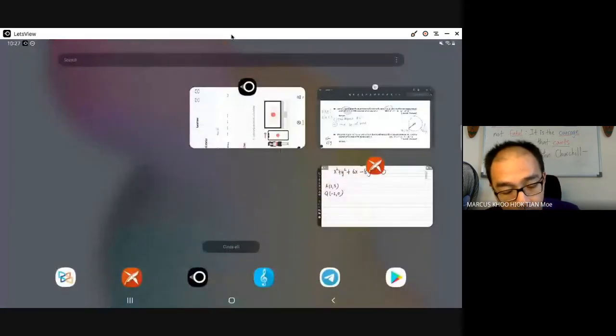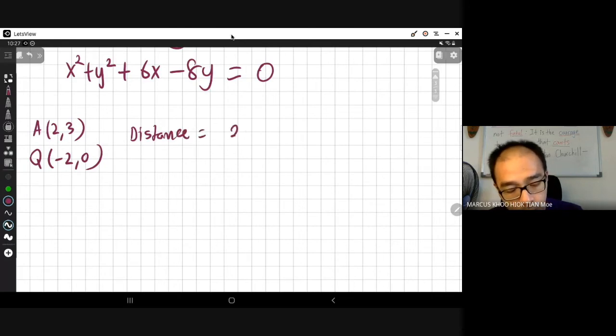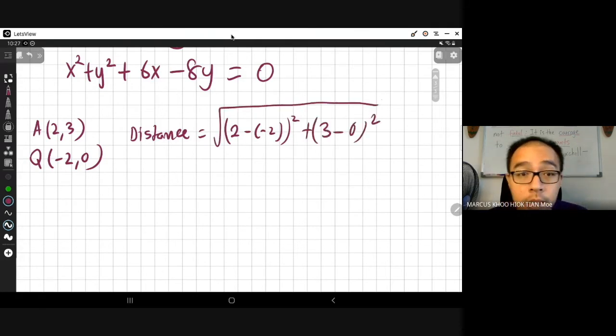So we can find the distance first, which is the square root of (2 minus -2) squared plus (3 minus 0) squared. Can you tell me what is the value for this, please? The distance will be 5.